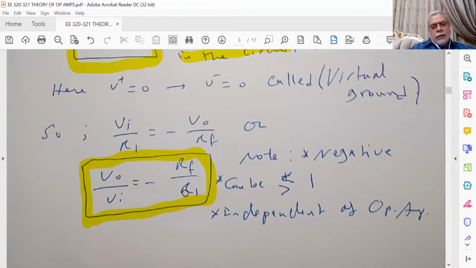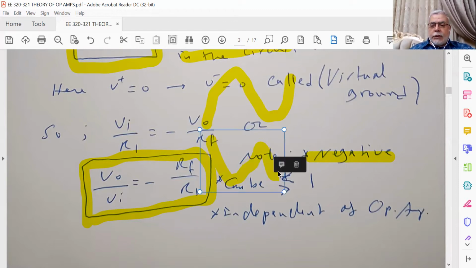So this gain is negative. We said that this is an inverting mode. We remark that the negative sign means the inversion of the output with respect to the input. So when the input is positive, the output is negative, and when the input is negative, the output is positive.